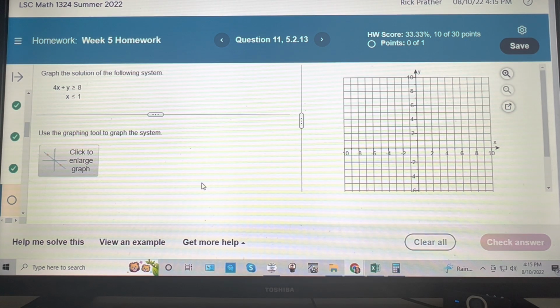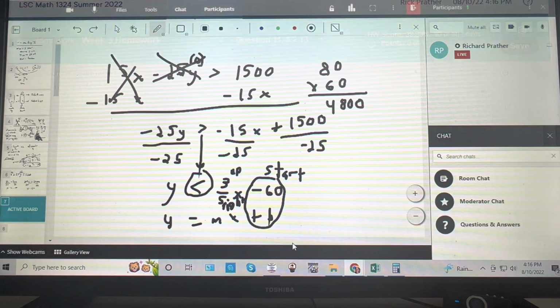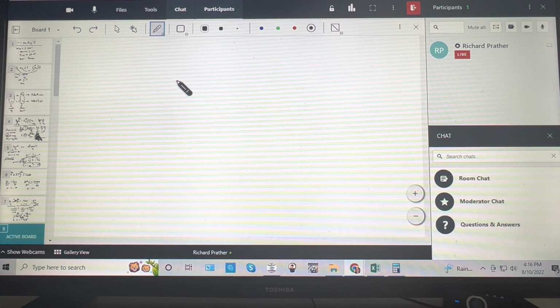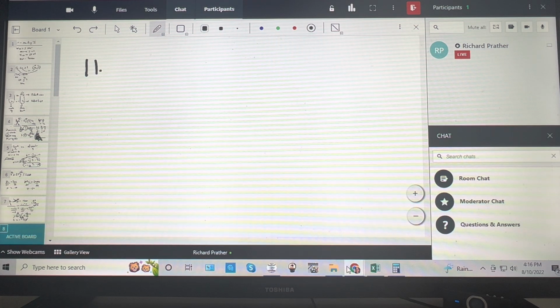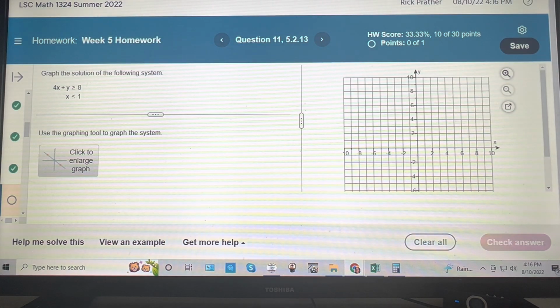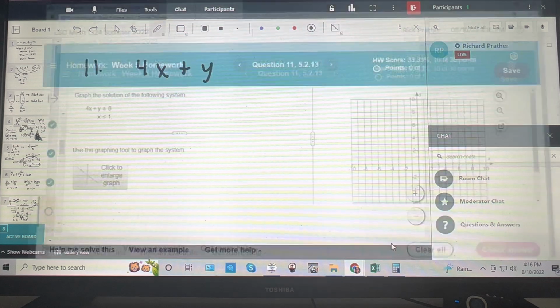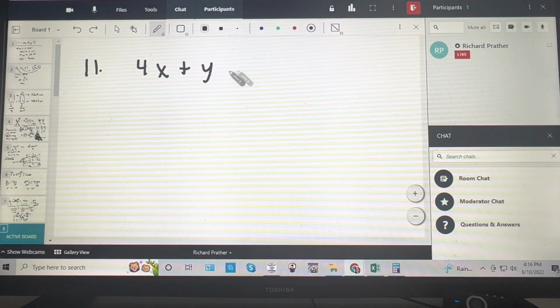Okay, so now again, they're just going to have you practice some more graphs. Now there's going to be more than one of these inequalities that aren't the x and the y-axis. That's what's happening in this next section. So I actually have two inequalities that are not the x and the y-axis. 4x plus y is greater than or equal to 8.